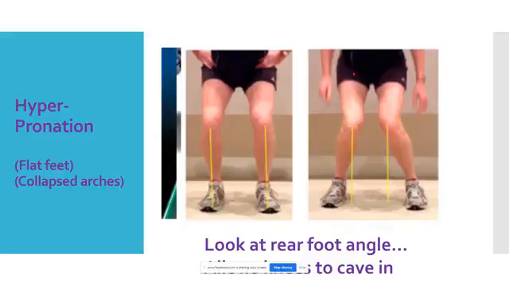The knees collapsing during a squat could also be a problem coming from the hip as well. But whenever we have knee problems, it's usually coming from either the foot and the ankle, and or the hips. But a lot of times if you've got collapsed arches, you'll see your knees cave in a little bit like this whenever you're squatting.